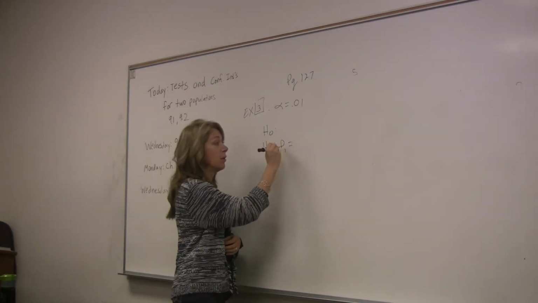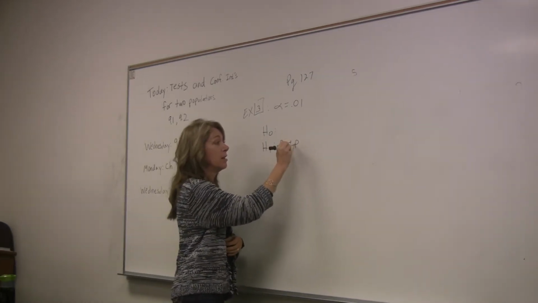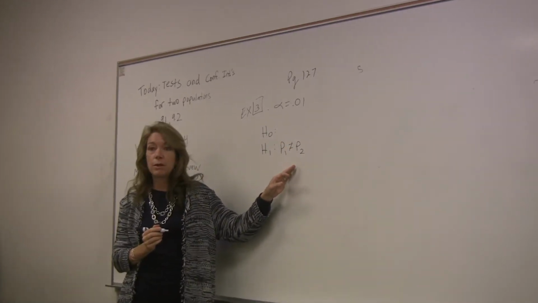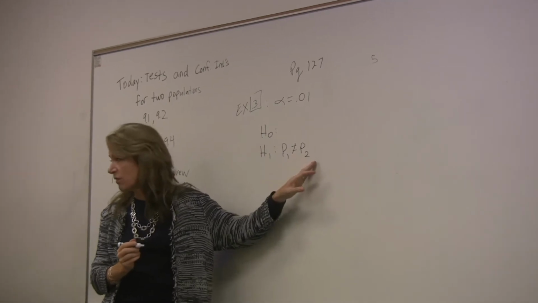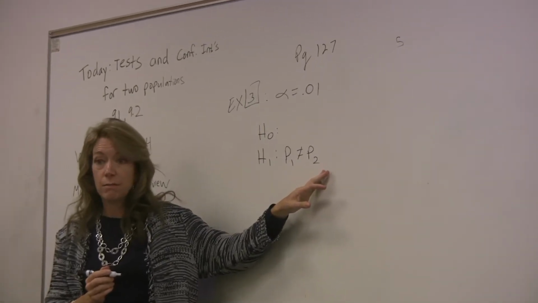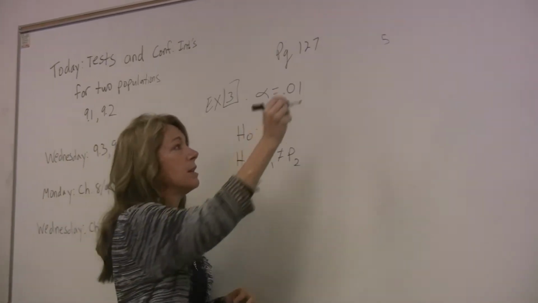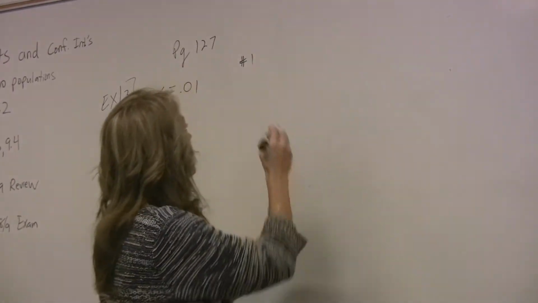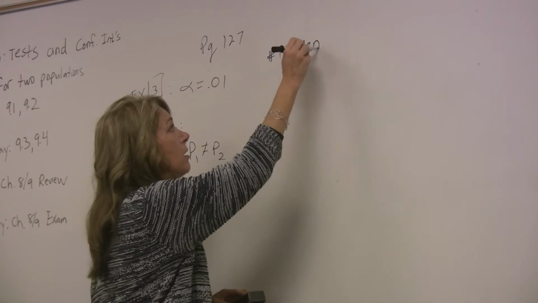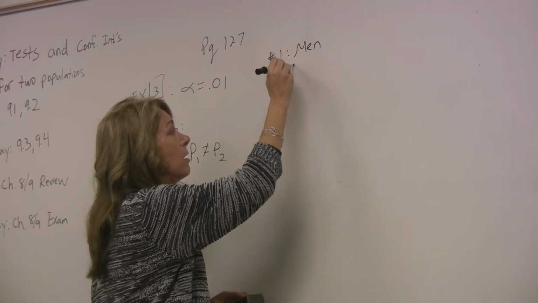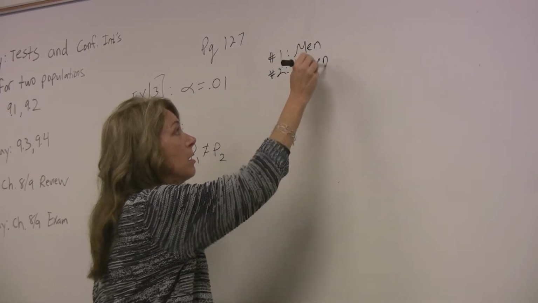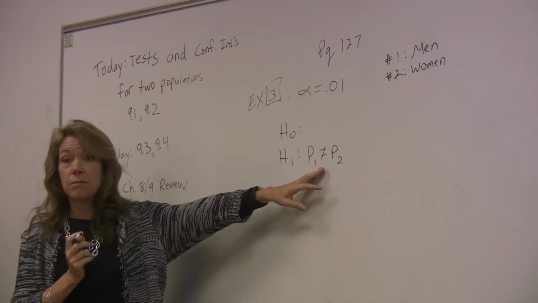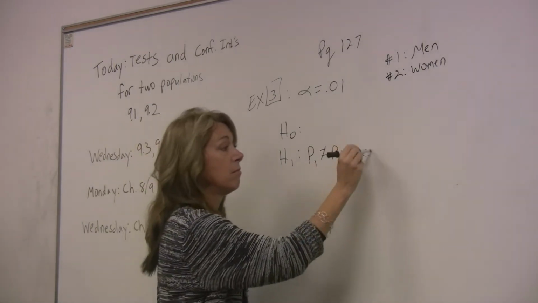A success rate is a proportion or a probability. The proportion of successful men challenges compared to the proportion of successful women's challenges. Let's let number 1 be men this time. They gave us men first, right? Different means not equal to. So this is the claim.